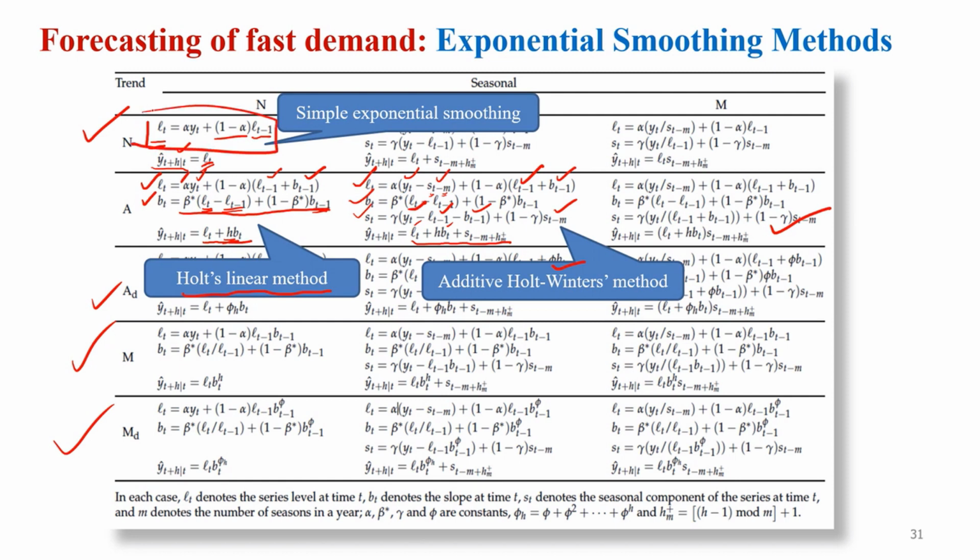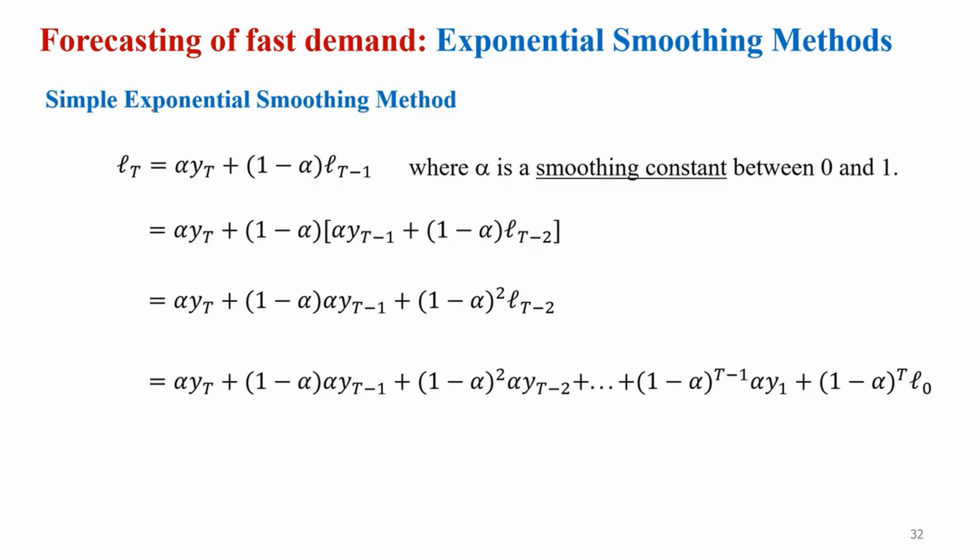Basically, we want to understand how the exponential smoothing method is going to assign the weight, that means the value of alpha. We see that Lt is equal to alpha Yt plus 1 minus alpha times Lt minus 1.